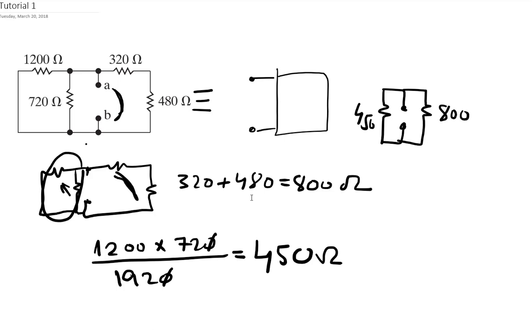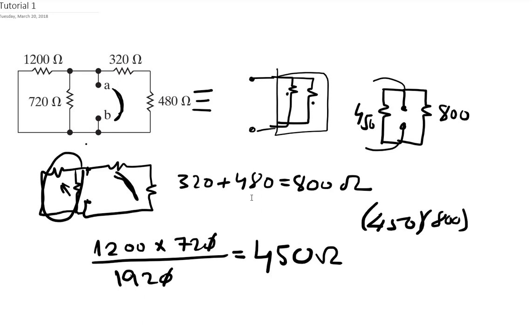Now A and B, we can actually take this here and take this here. So A and B are seeing two parallel resistances. One is 450, one is 800. The total of these two is 450 times 800 over their summation, which is 1250, and that gives us how much?